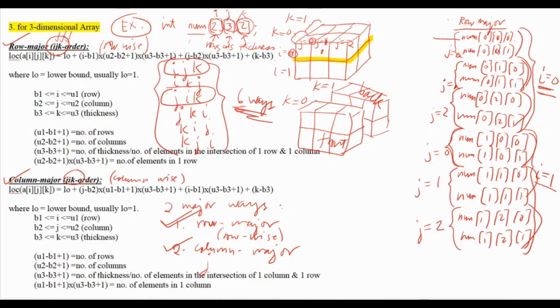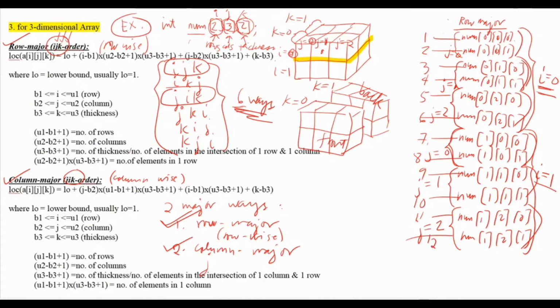The first element is at position or location 1, and the second is 2, this is 3, 4, 5, 6 in the structure, 7, this is 8, 9, this is 10, 11, and 12.